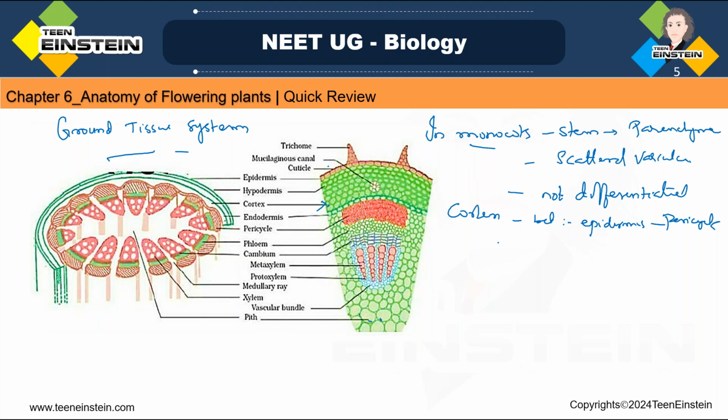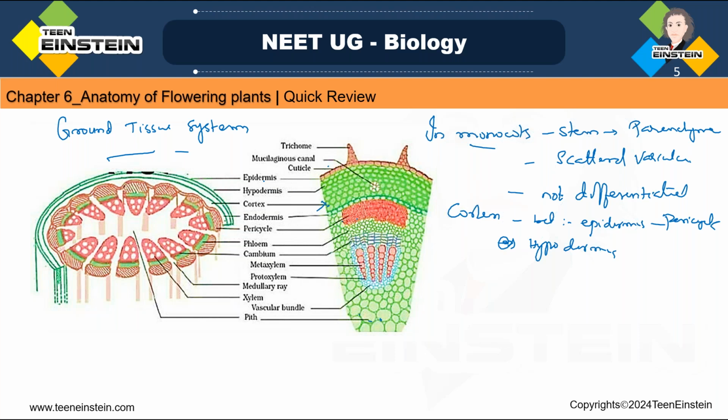So the cortex region is again divided, with a collenchymatous hypodermis in dicot stem, and in monocot stem it will be sclerenchymatous. Okay, and this hypodermis region provides strength, and this hypodermis region is absent in roots.